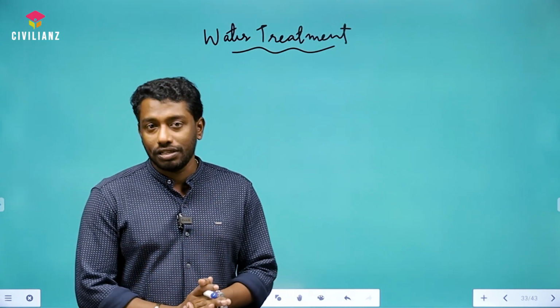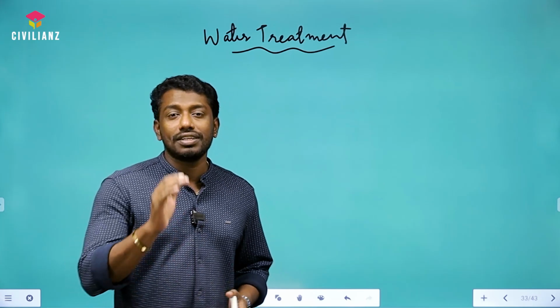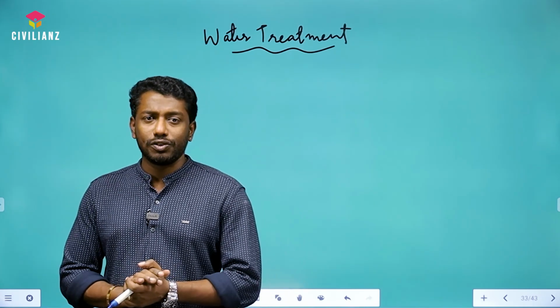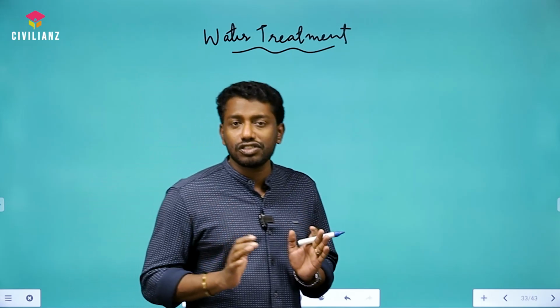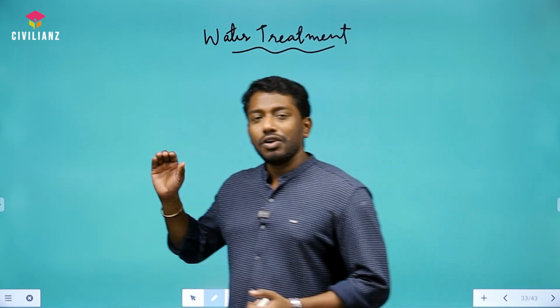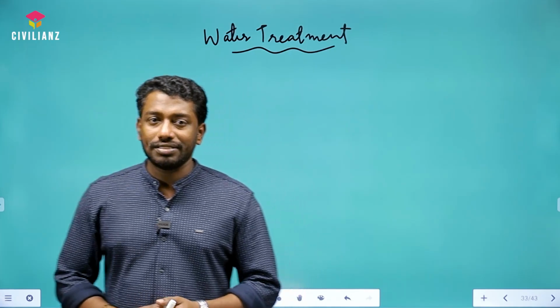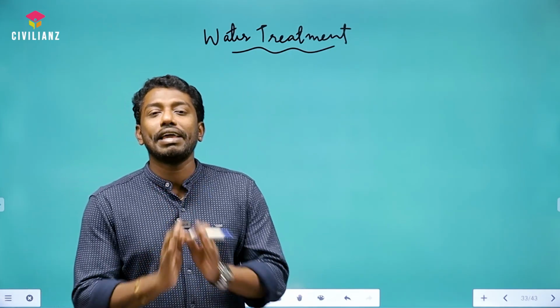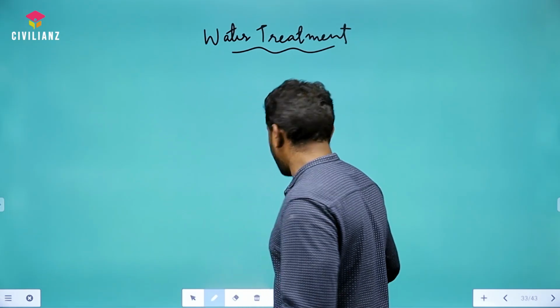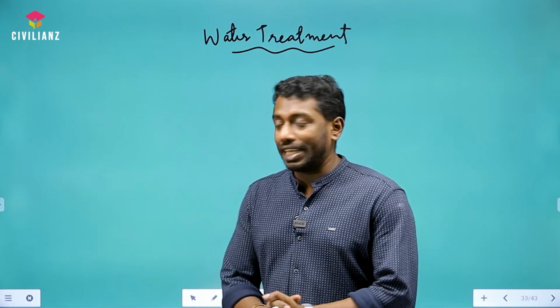You are going to build a water treatment plant in your locality. So what will you guys do for that? Every civil engineering structure needs some design and all, right? So for building a water treatment plant, most importantly, there are three parameters that you should consider. Sorry, I must say the chapter name first.